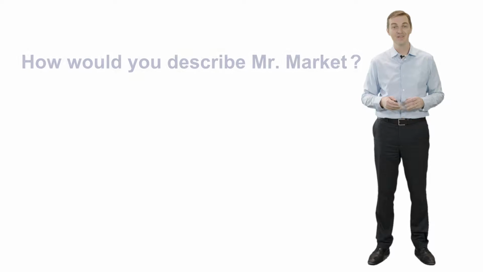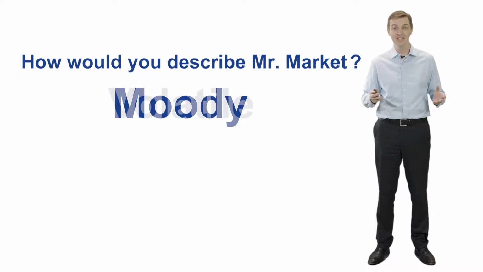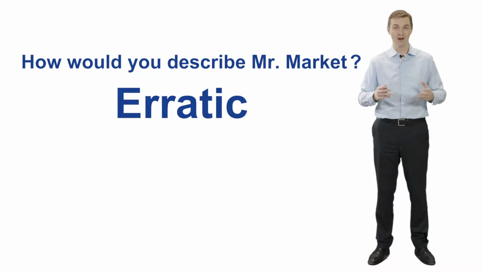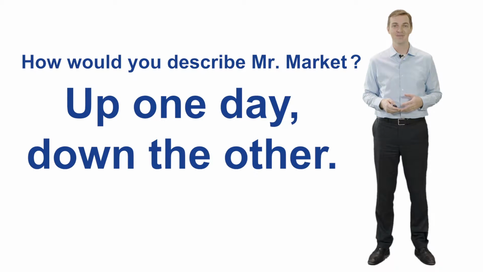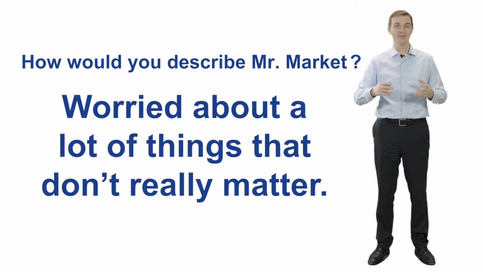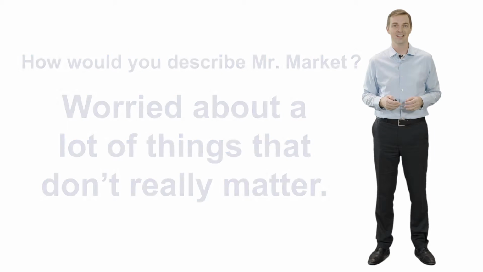Okay, welcome back, investors. I hope you enjoyed that activity. It's exaggerated and fun, but it really is how the market works. So here in this example, how would you describe Mr. Market? I think we would describe him as moody, volatile, erratic, up one day, down the other, and worried about a lot of things that don't really matter.